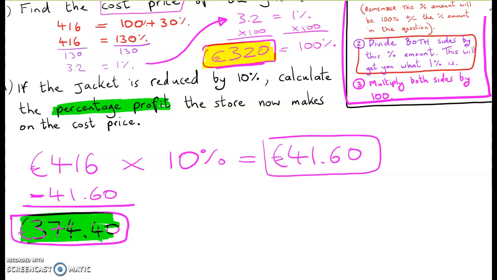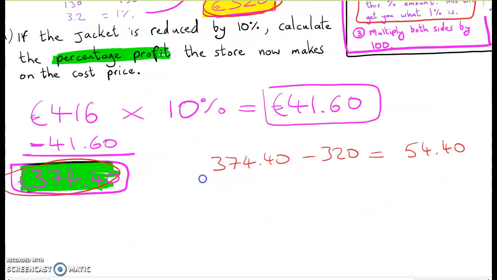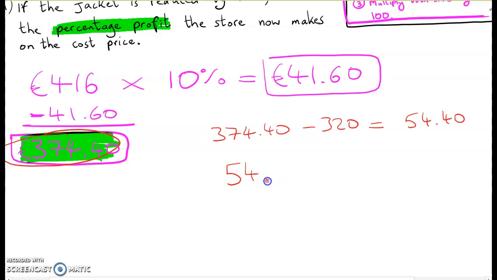No, they're still making money because it only cost them 320 and they're selling it for 374. So we get the sale price and we take away the cost price. We take away the original price and that gives you €54.40. And now to find a percentage profit, you put your profit over your original price and you multiply by 100.